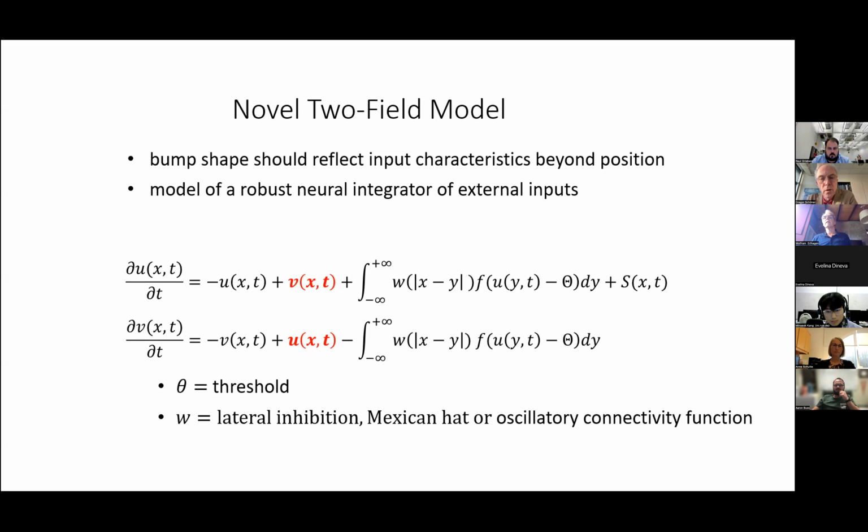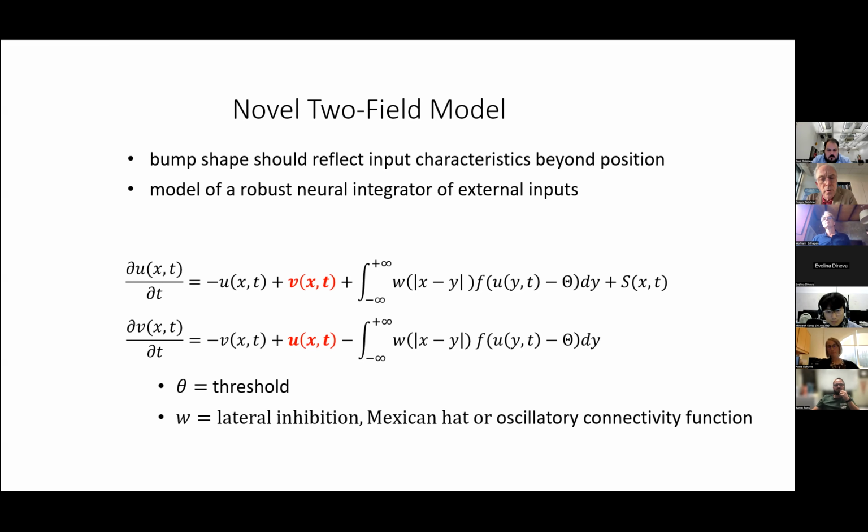Yes, that's exactly it. You only ignore the red term here. And then it's the Amari equation. Now you have the linear term from the V equation, and here you have the linear term from the U equation. So this is a local coupling of activity from V to U and vice versa.